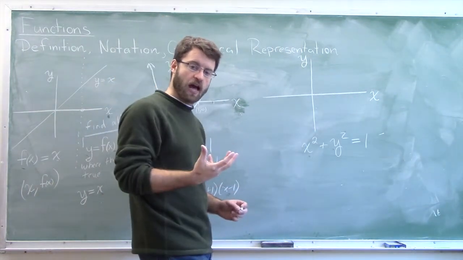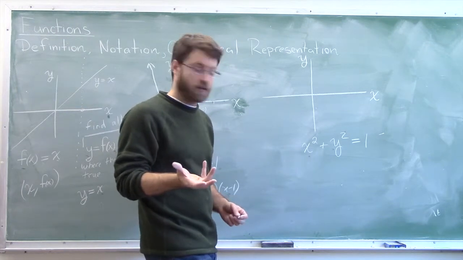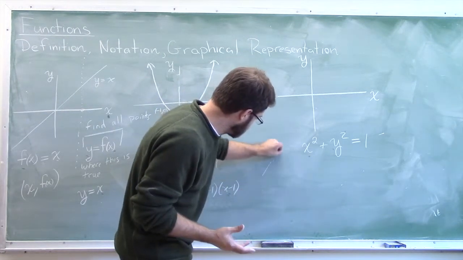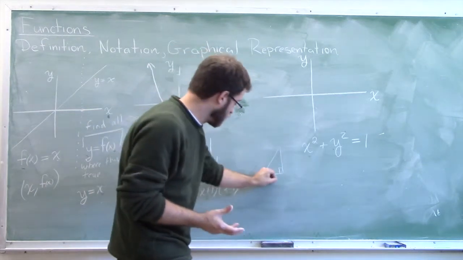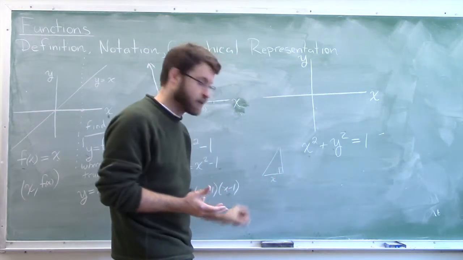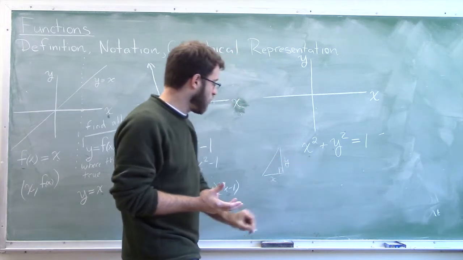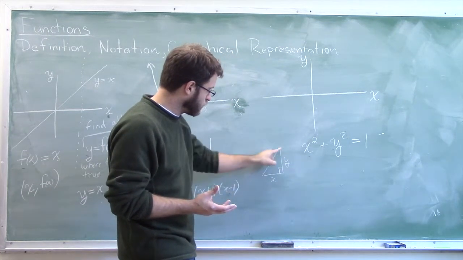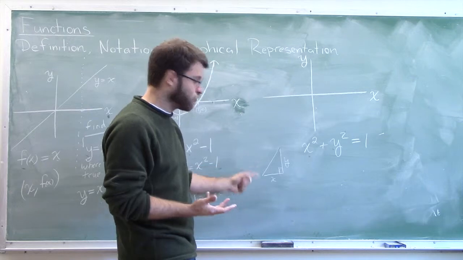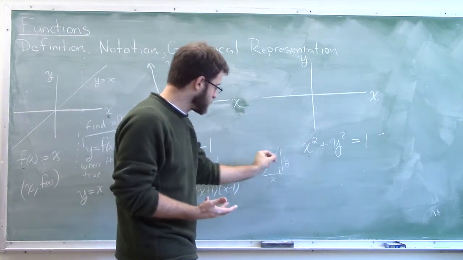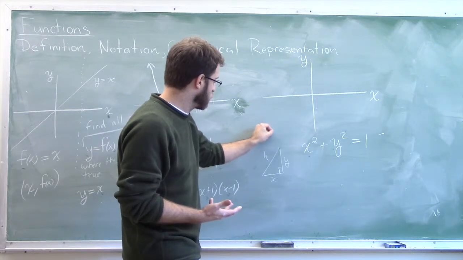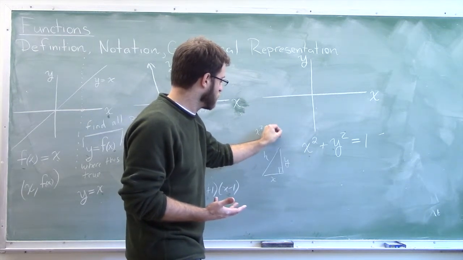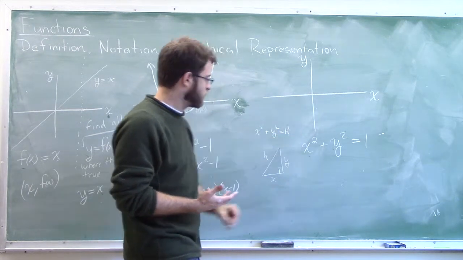And we can see that if we connect it to the Pythagorean theorem. If I draw a right triangle, and I call the bottom side x, the vertical side y, and I look at the hypotenuse, I know that the hypotenuse is going to satisfy the relationship x squared plus y squared is equal to h squared.